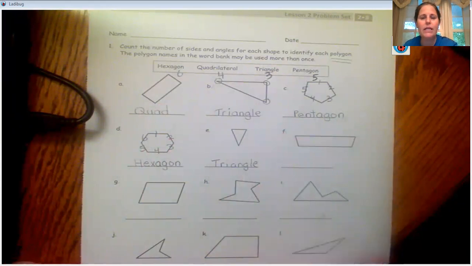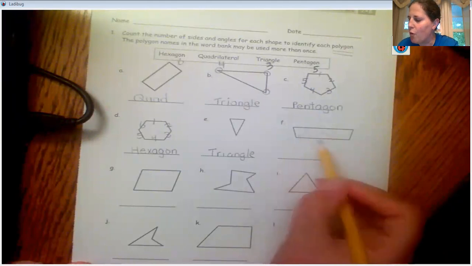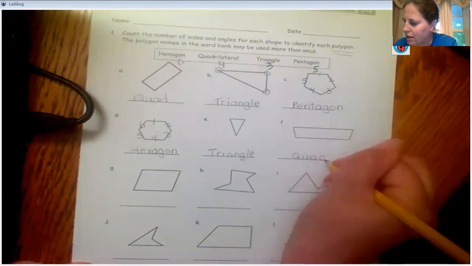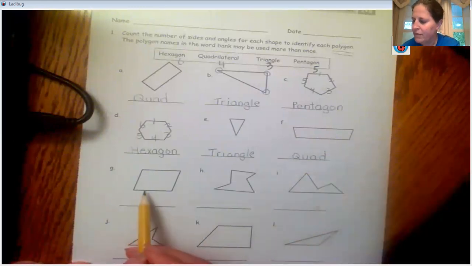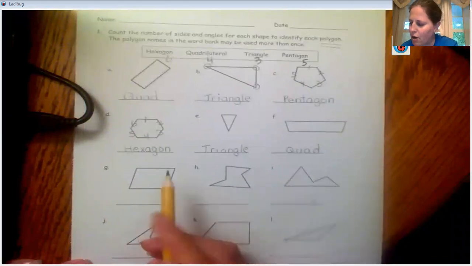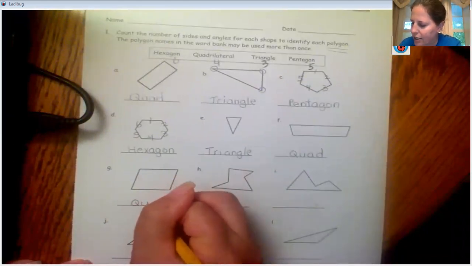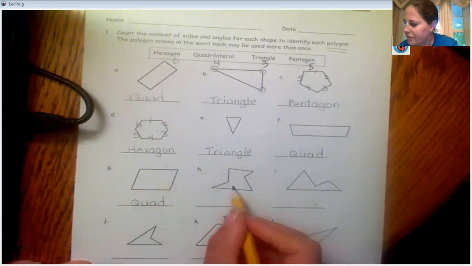I'm just going to continue through the page. Here's another 4-sided shape, which is a quadrilateral. I'm just going to write quad to save us some time. Coming down to my next row, I see letter G is another 4-sided shape, so another quadrilateral.